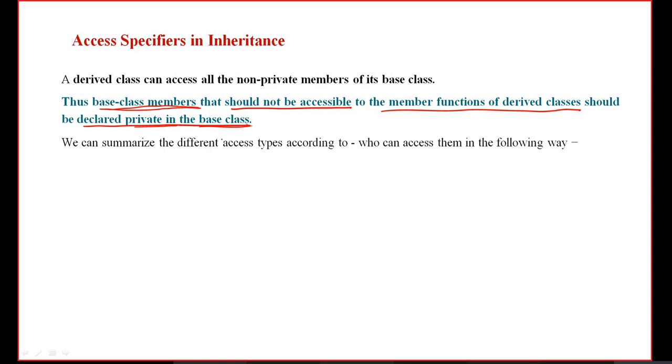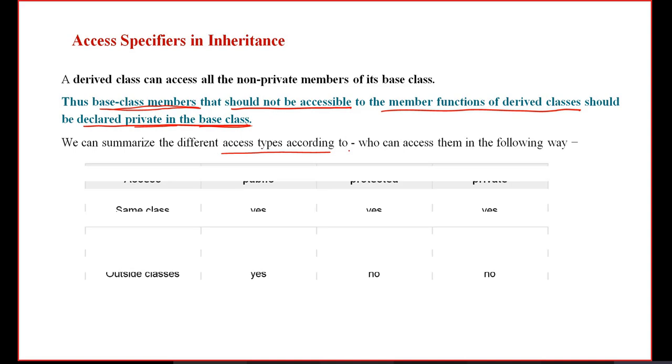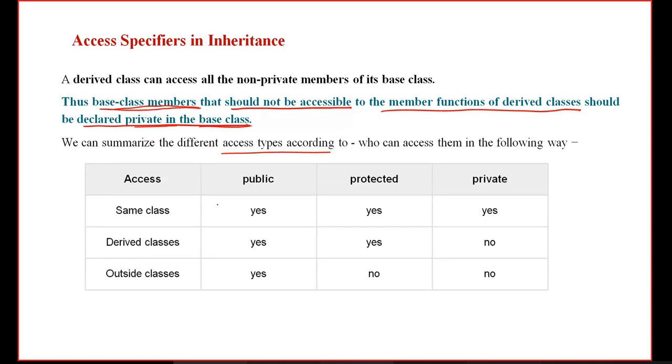Right? So we can summarize the different access types according to which classes can access them in this way. Suppose we are publicly inheriting, then definitely the functions of the same class can access it since it is public.